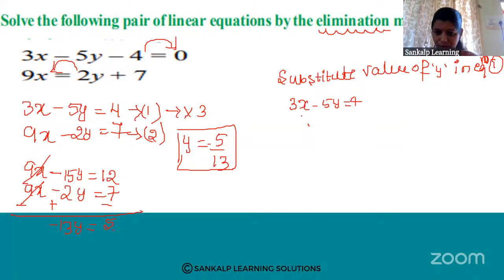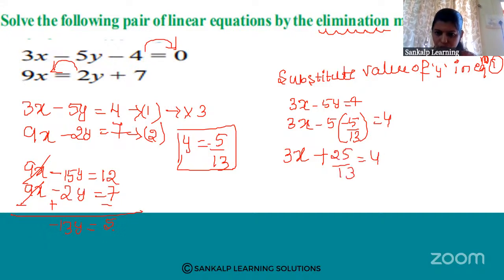So we know the value of y, that is minus 5 divided by 13. So 3x minus 5 into minus 5 divided by 13 is equal to 4. So 3x plus 25 divided by 13 is equal to 4.